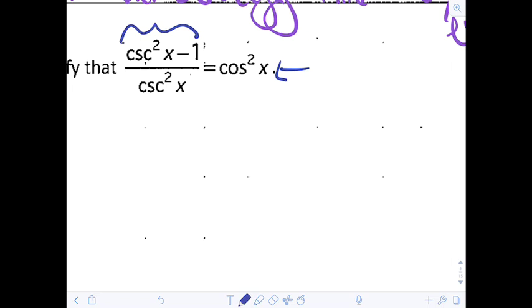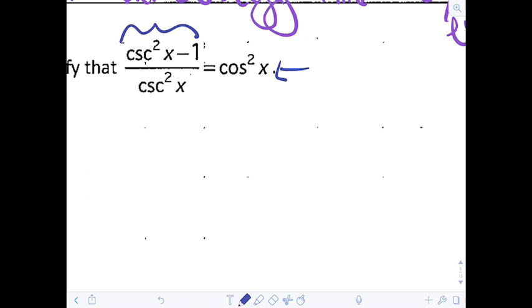Okay, so as I look on the left, I see cosecant squared x minus 1. So guys, when you start seeing things squared, that should start jumping at you. You start scanning through those Pythagorean identities. And if you scan through them, you are going to see one of our manipulations is that the cosecant squared of theta minus 1 is the same as cotangent squared of theta.